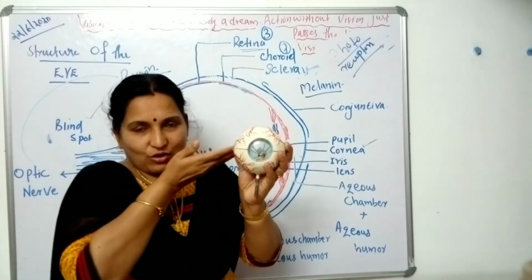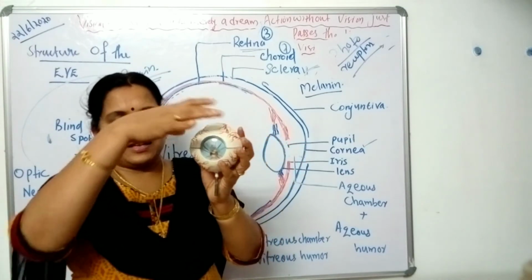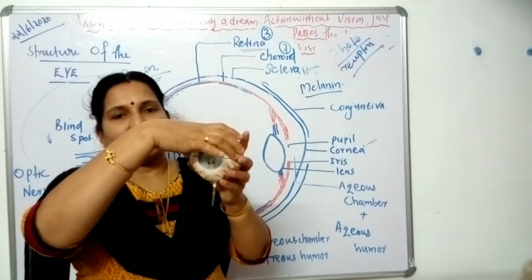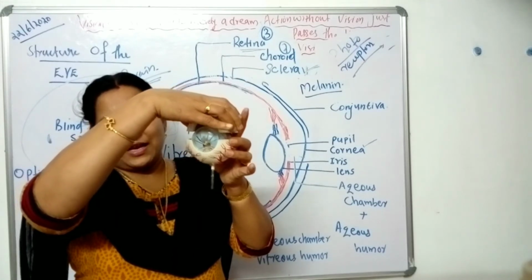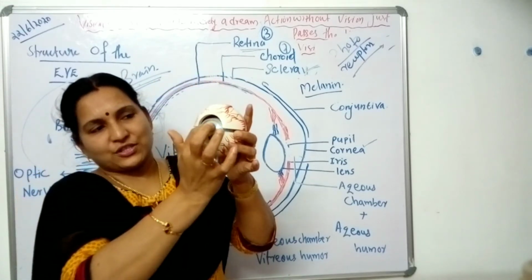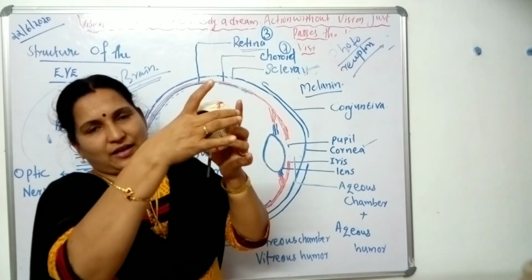When we take the cross section, the anatomy of the eyeball, listen here. The transparent front portion, in front of the iris, is known as the cornea.